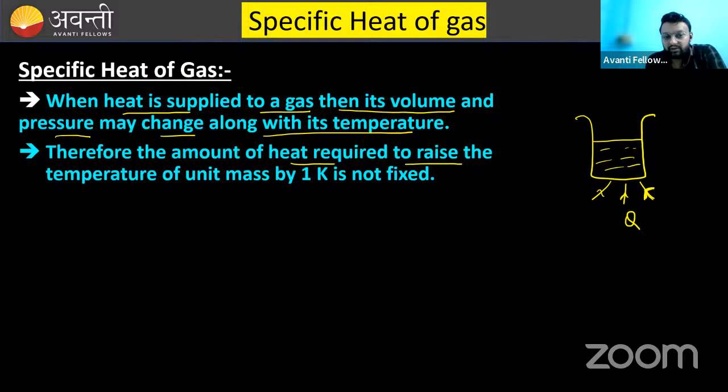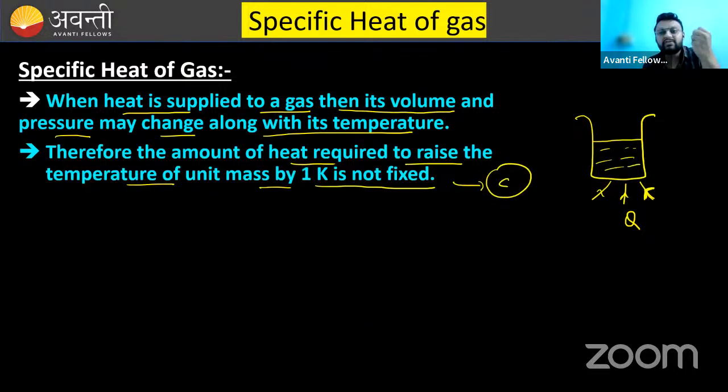The amount of heat required to raise the temperature by 1 Kelvin is not fixed. Sometimes you will need more energy, sometimes lesser energy. It depends completely on the conditions of pressure and volume. That means the heat required to raise the temperature by 1 Kelvin, which is specific heat, is not fixed.